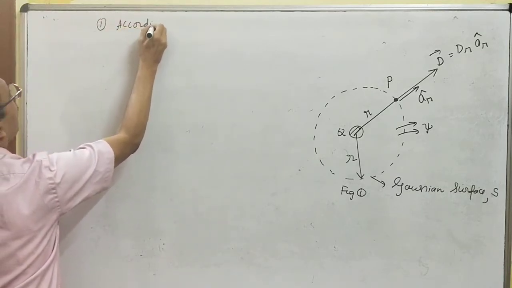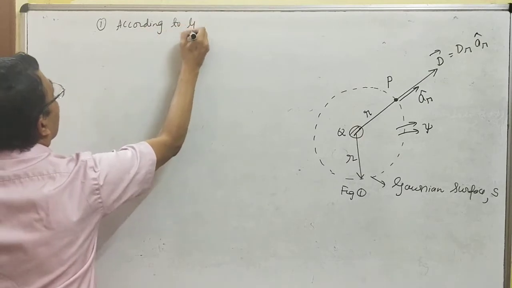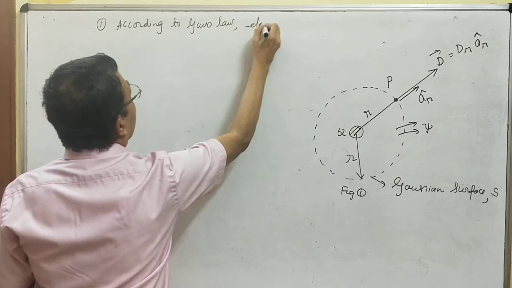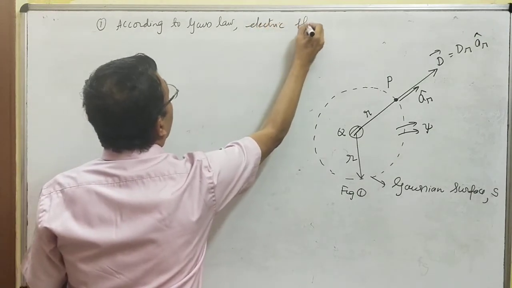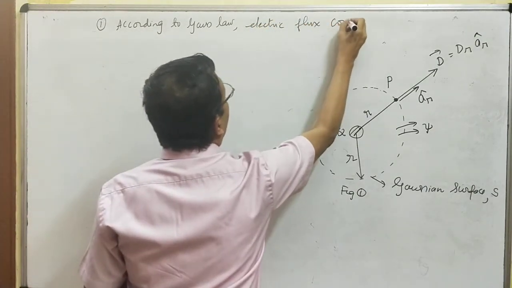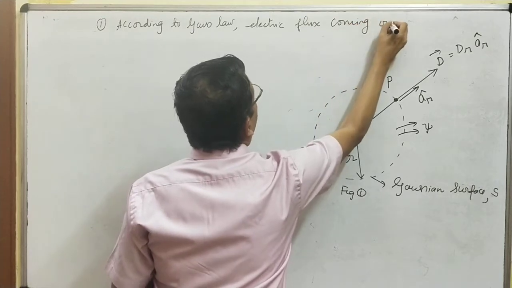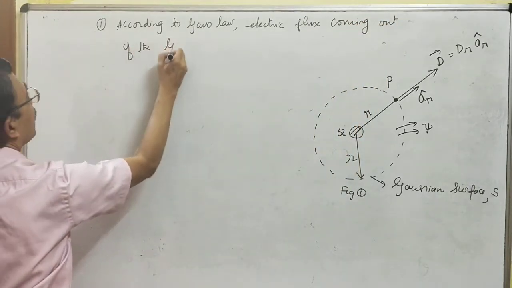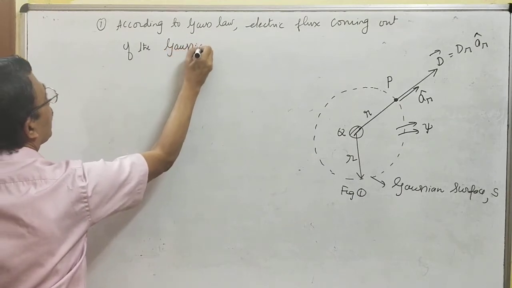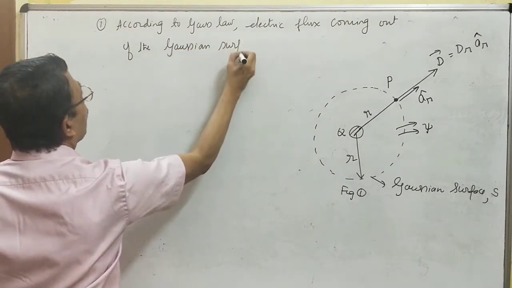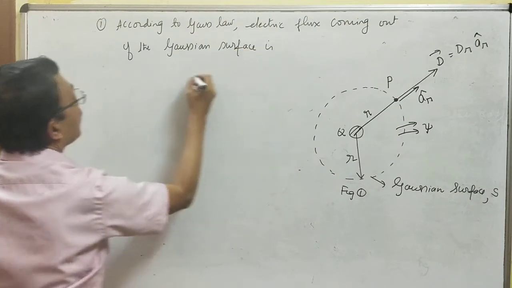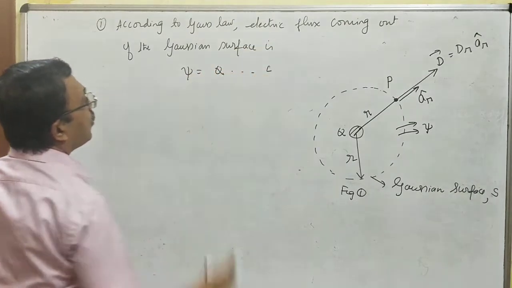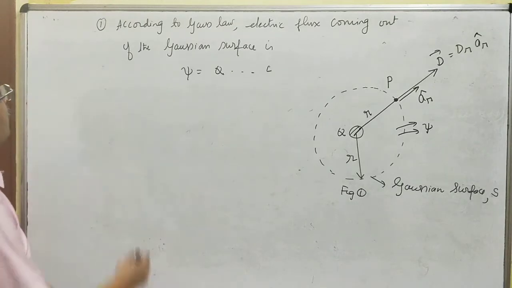According to Gauss law, the electric flux coming out of the Gaussian surface is psi equal to Q coulombs.